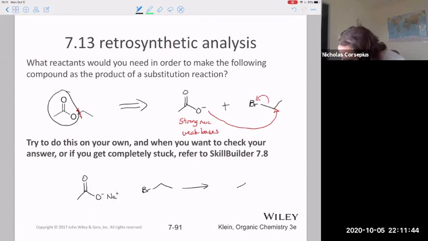That would get us to our product here. And then again, are there any solvent considerations that I could make? Well, if it's an SN2, might as well use DMSO or a polar aprotic solvent. Okay, so this idea of a synthetic chemist's job is to start with this target molecule that they want and work backwards to figure out how to create it.